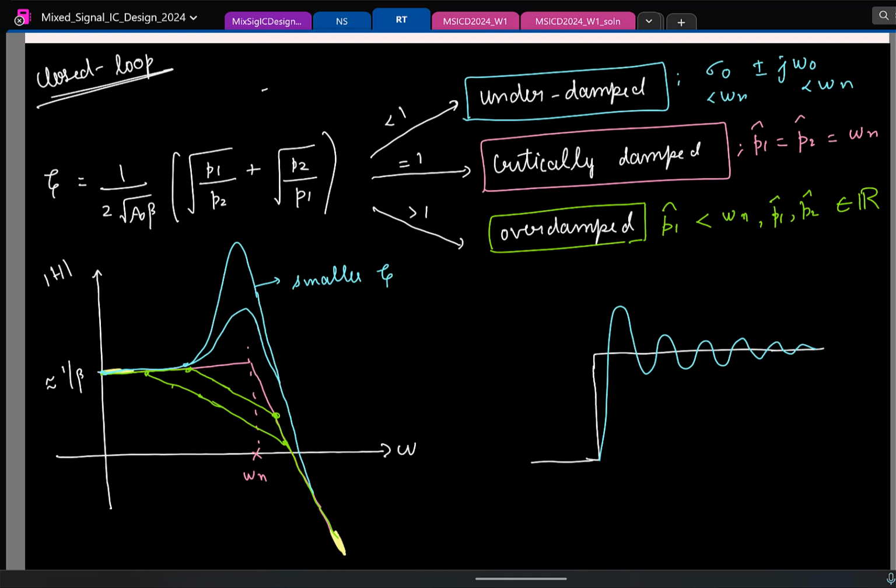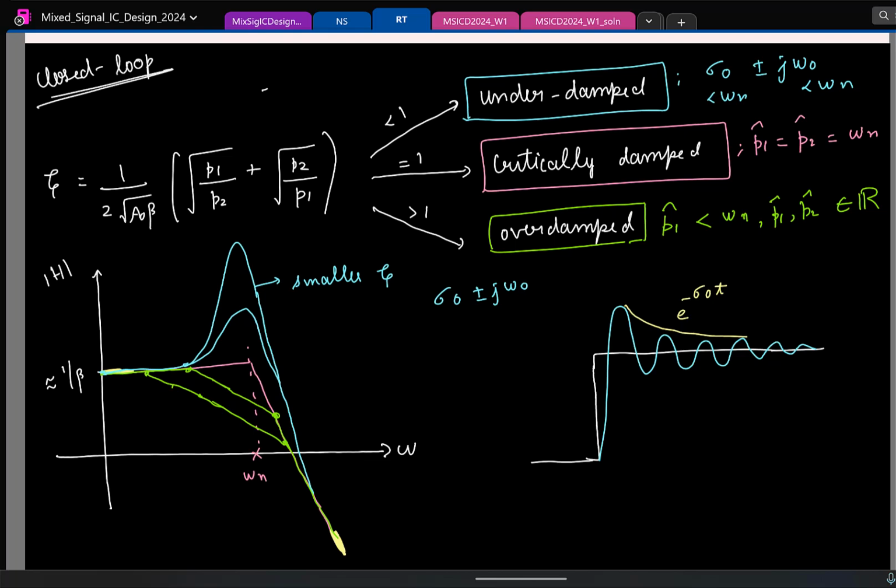Okay, then what can you say about this envelope? Let us say the closed loop poles are sigma naught plus or minus j omega naught. The oscillation frequency is roughly omega naught. What can you say about this decay? This envelope. Yeah, this will be e power minus sigma naught t.